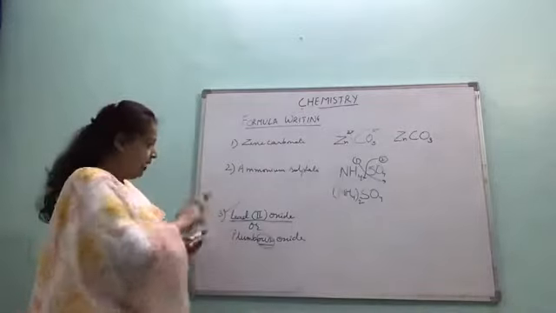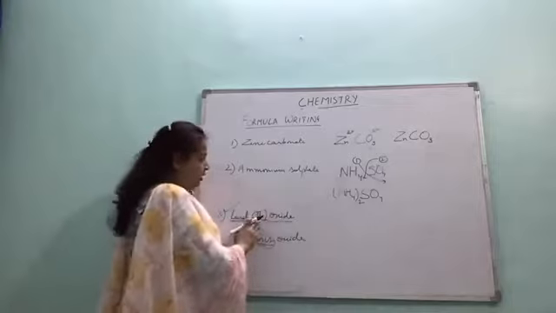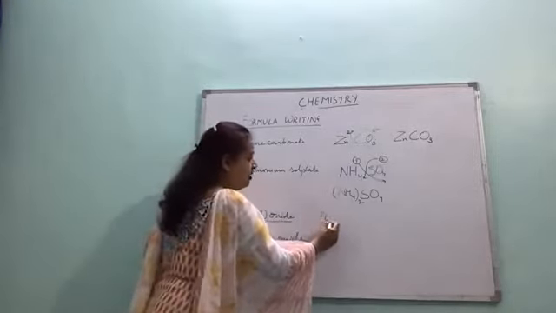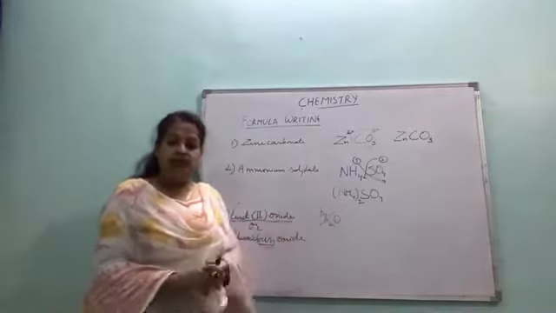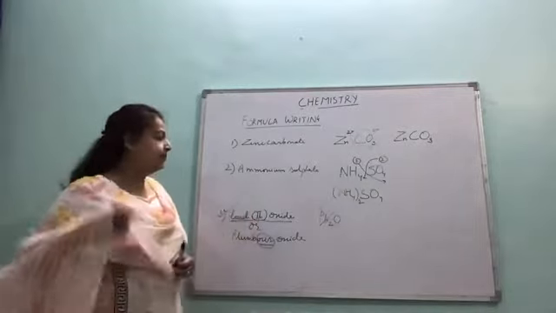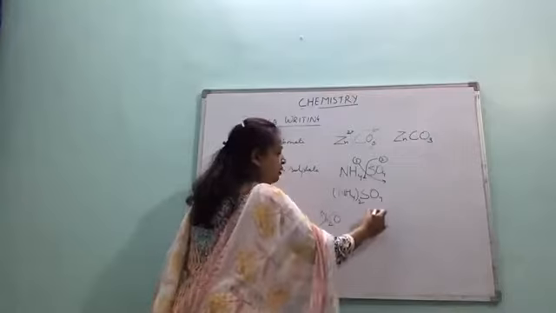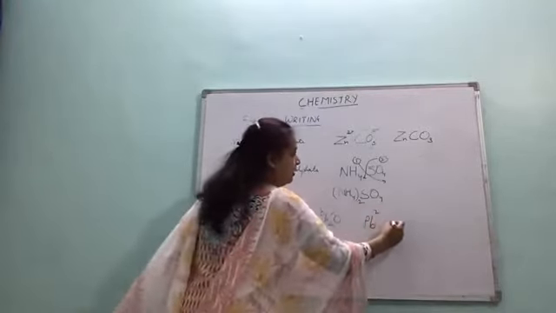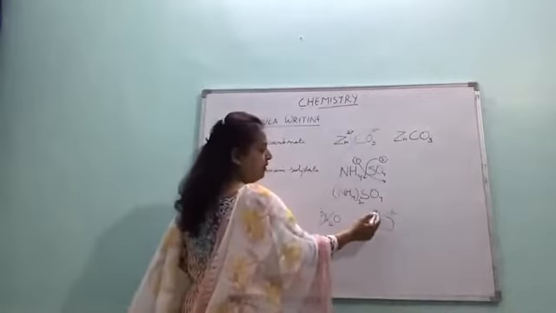I'll write that also. So now let's write the formula of lead 2 oxide. Now lead 2 oxide doesn't mean Pb2O. This is not correct. 2 is the valency of lead, right? So how it goes? Pb 2 here, oxide 2 here. When the valencies are reducible, we reduce them.